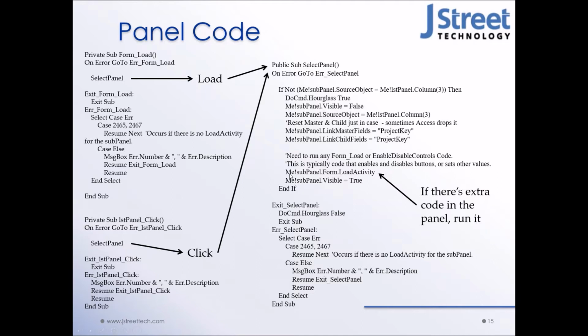And then one other thing I want to point out that's kind of interesting is we actually build a procedure in the subforms called load activity. And what we do is instead of relying on the open event or the load event to occur in that form, that can happen in weird timing.